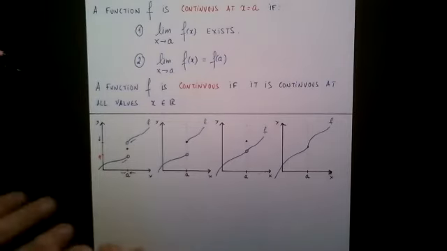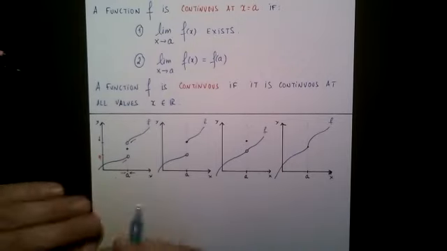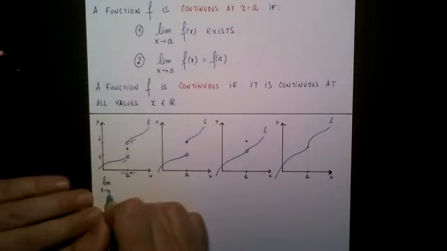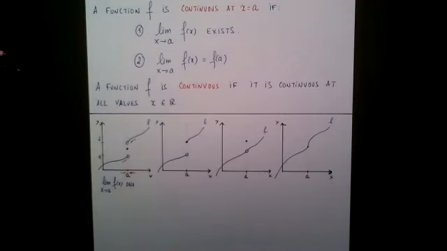So right away, I could write here that the limit as x approaches a of f of x does not exist. Questions?